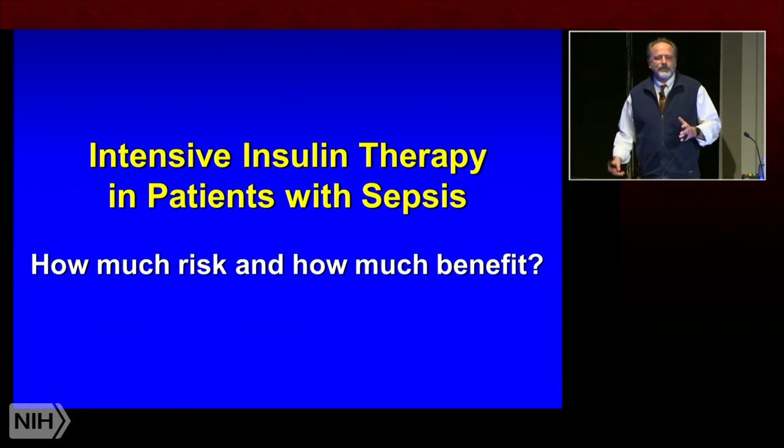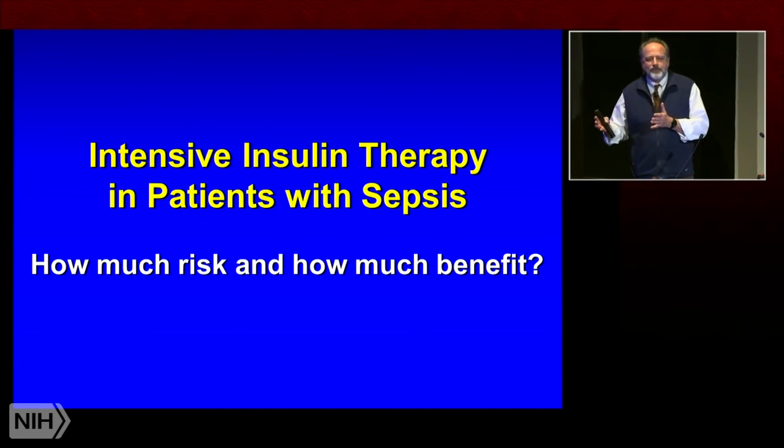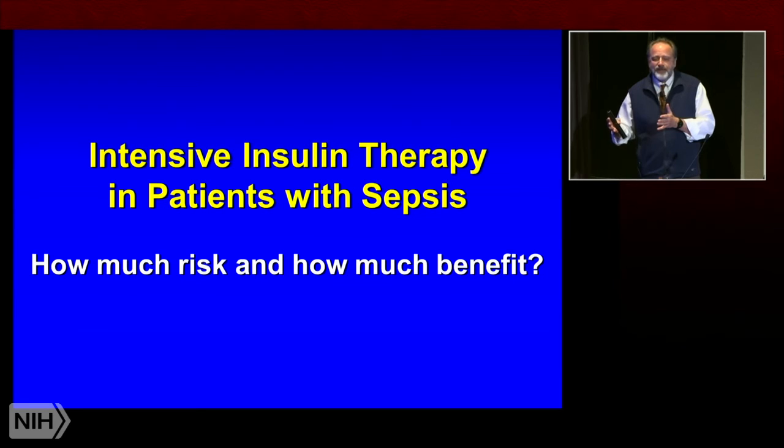So let's take somebody with shock or severely ill, and let's keep them under very tight control, and let's see if that has a benefit, like the benefit you see over 20 to 30 years when you treat somebody with diabetes.